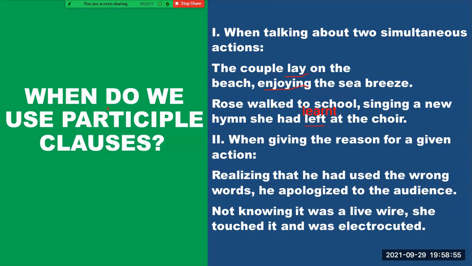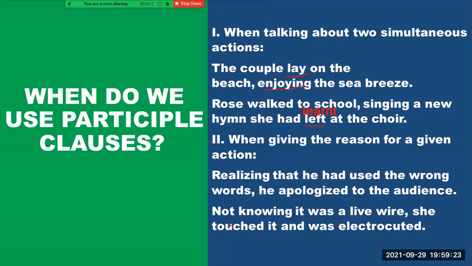For example, we can say, realizing that he had used the wrong words, he apologized to the audience. Now, the question is, why did he apologize to the audience? He apologized because he realized he had used the wrong words, all right? Realizing that he had used the wrong words, that gives the reason for the apology.